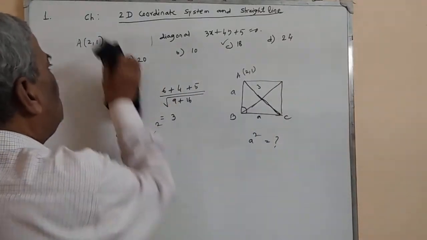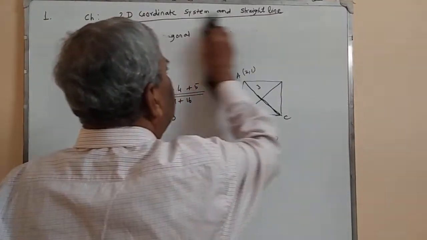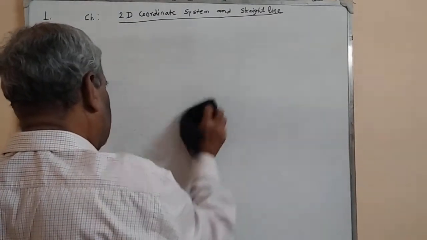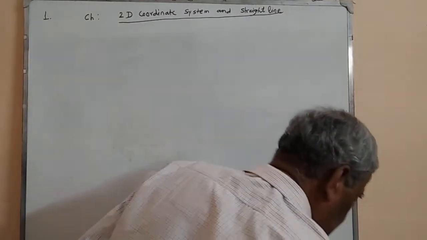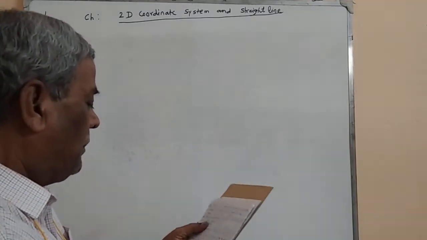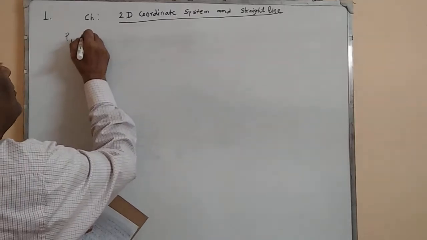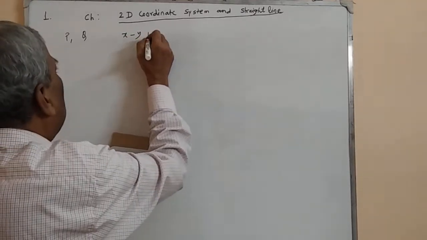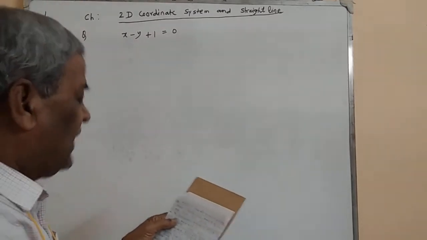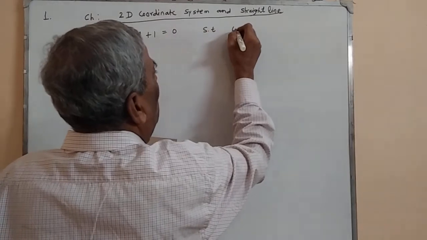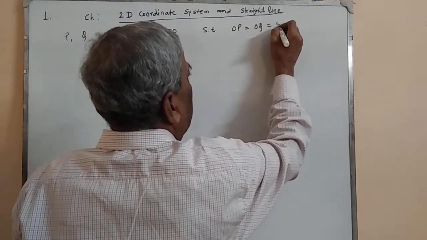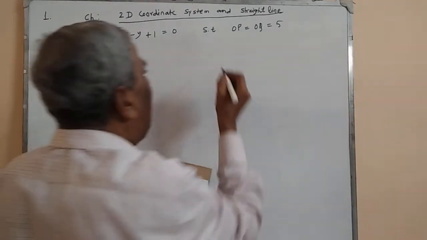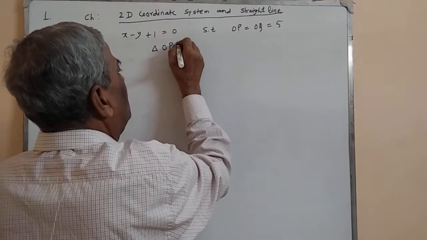Next, we go to the next problem. Next problem is: if P and Q are 2 points on x minus y plus 1 equals 0, such that OP is equal to OQ is equal to 5, O is the origin, then the area of the triangle OPQ is?